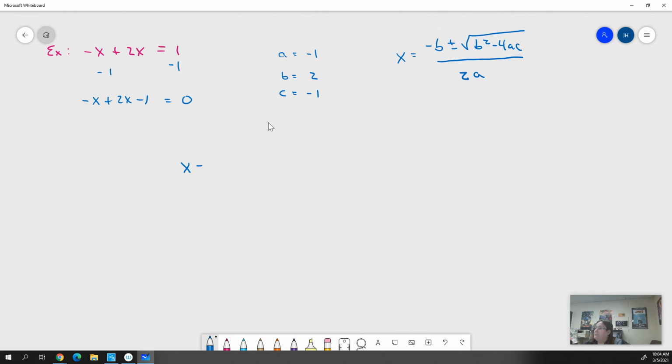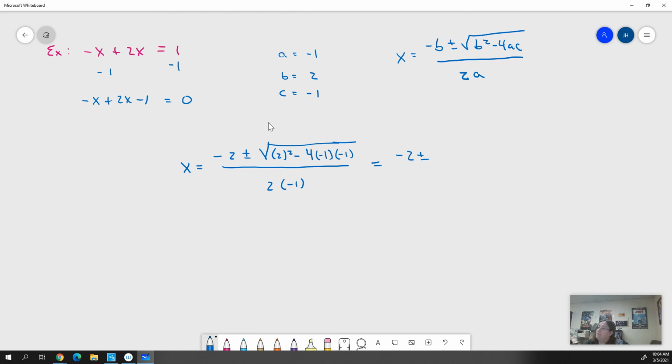So if I've got x equals minus b, well, that's just minus 2, plus or minus the square root of b squared. So that's just going to be 2 squared. I always put this in parentheses just in case it's negative. Times 4 times a, which is negative 1, and c, which is negative 1, all over 2 times a, which is negative 1.